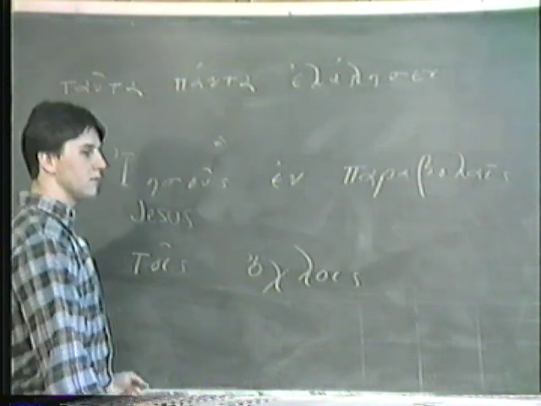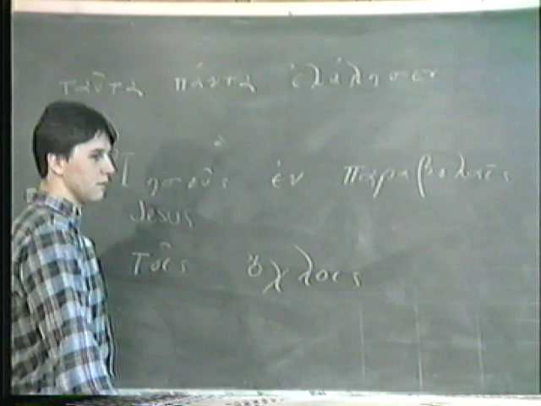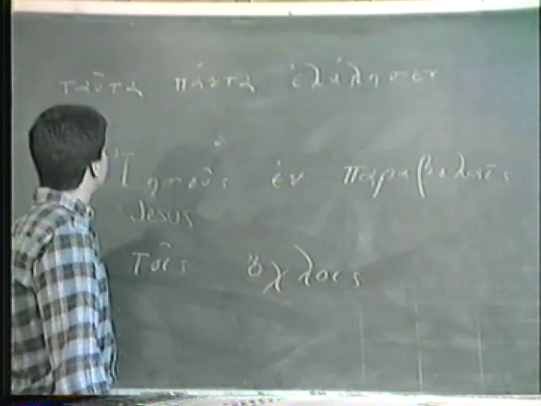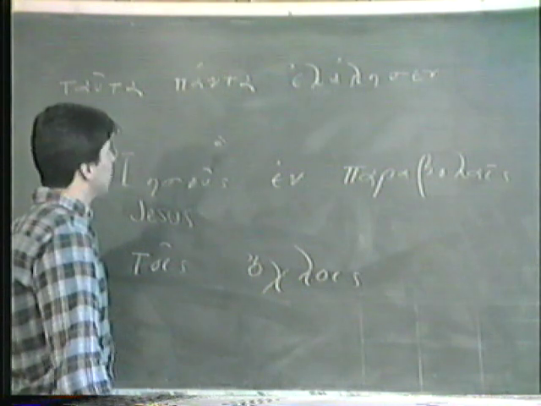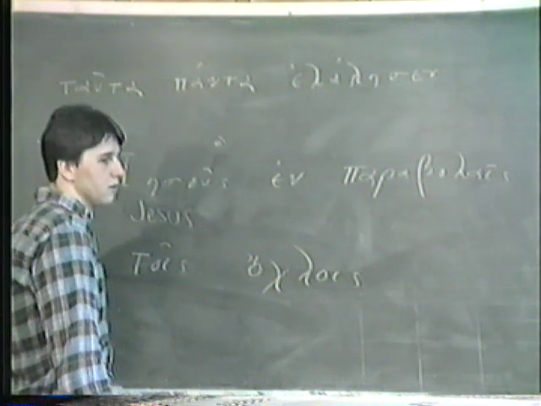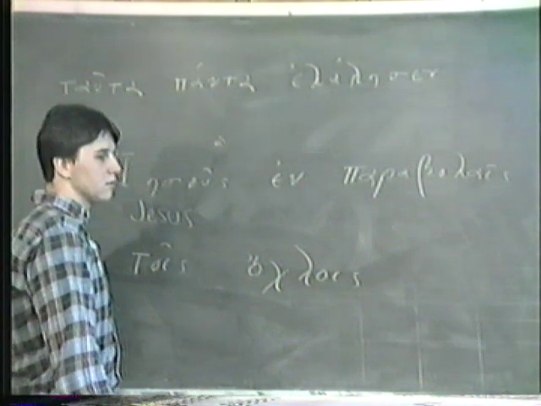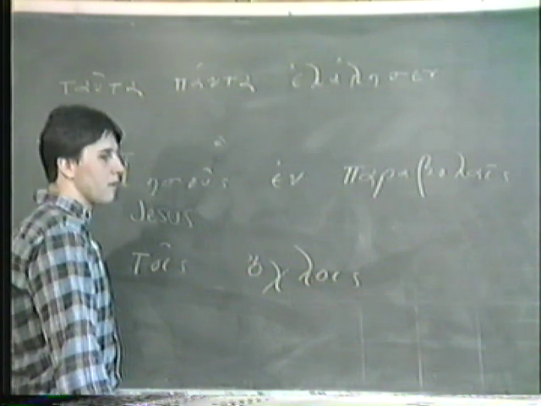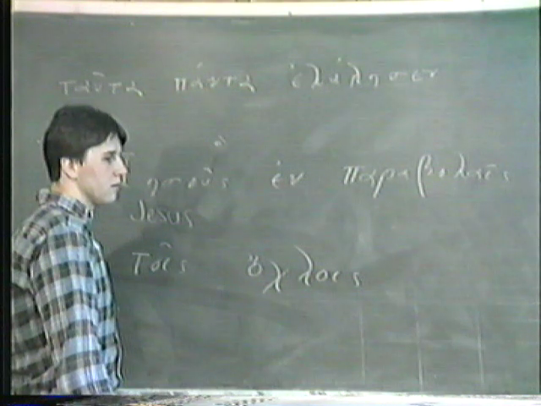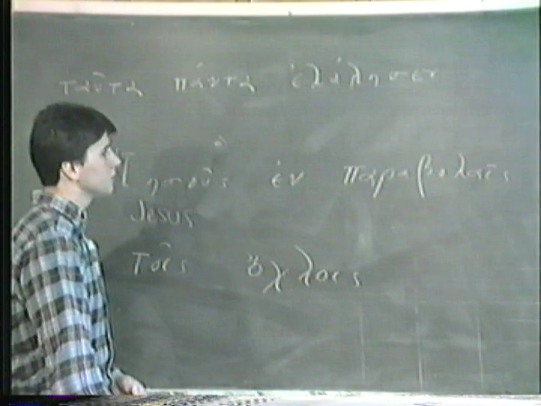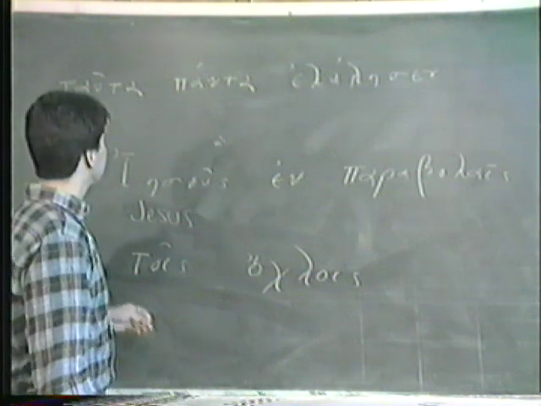Now what number? It's plural, nominative or plural accusative. Plural accusative. All right, now if it is accusative, it would be all these things. He spoke all these things.